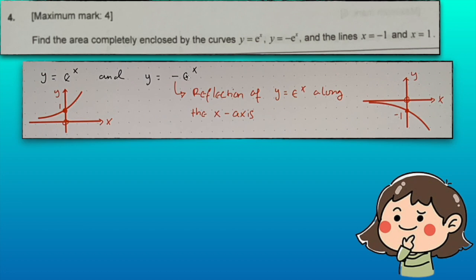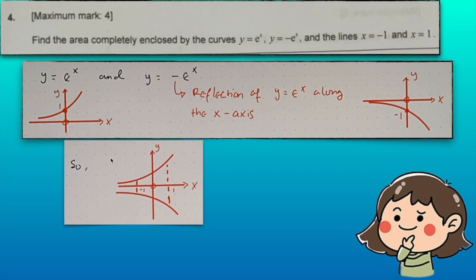This negative notation means reflection of y equals e to the x along the x-axis. So these are the graphs that we are dealing with, and we want to find the area bounded by the two curves, and x equal to negative 1 and x equal to 1.